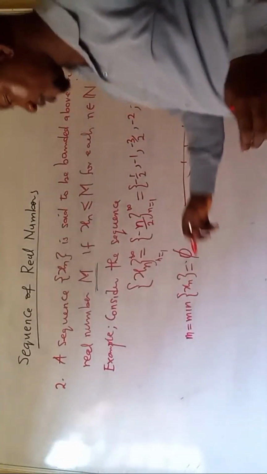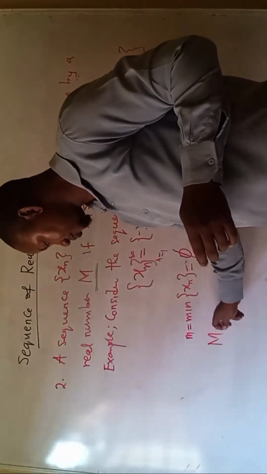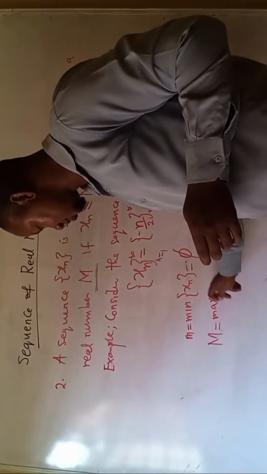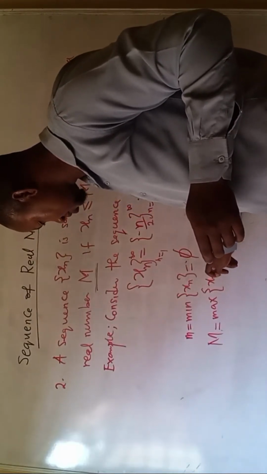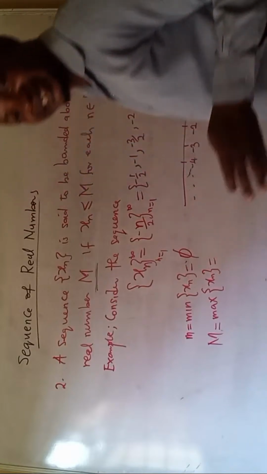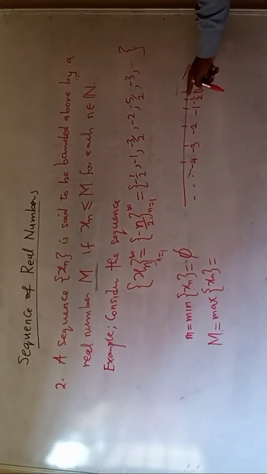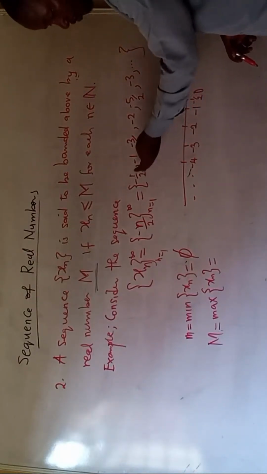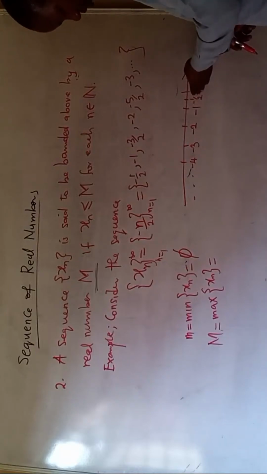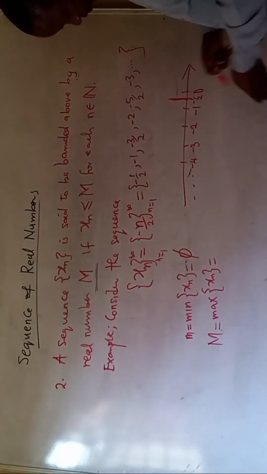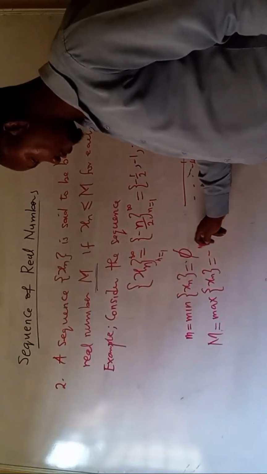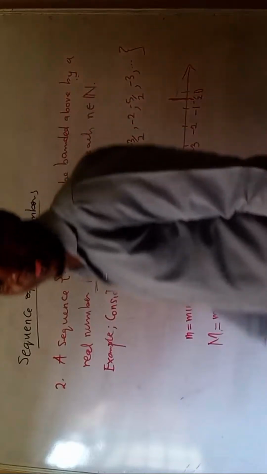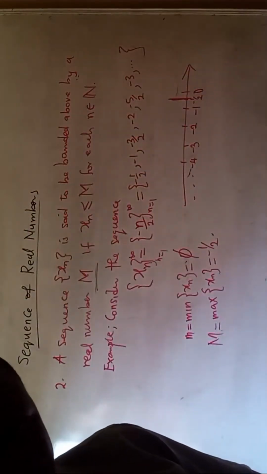However, it has a maximum. Let M represent the maximum of the sequence. If you take the maximum here, it is -1/2, because this is decreasing. So do you have any question on this?